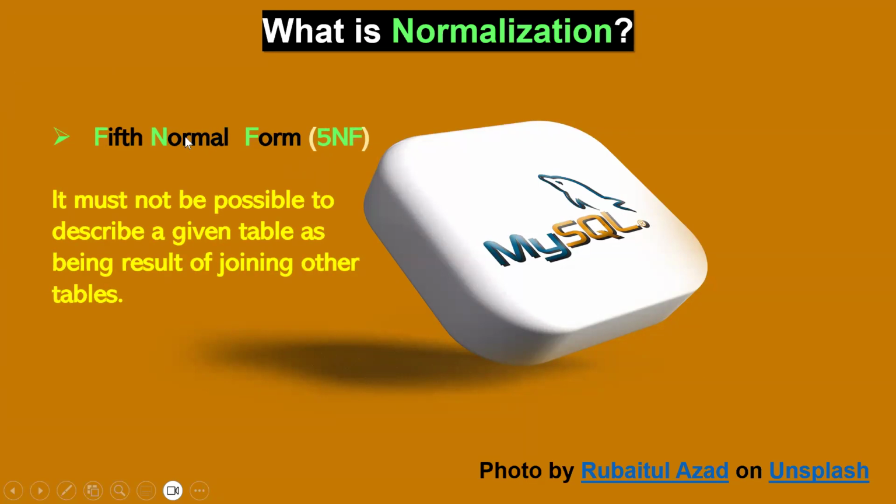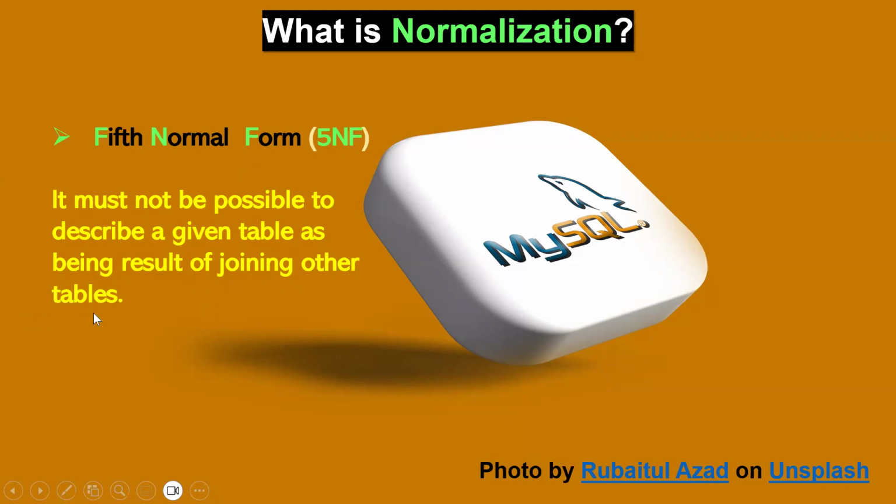And then the last one is the fifth normal form. If by this time you have done first normal form through fourth normal form, in order to make sure that your database or tables are in fifth normal form, and then you say my entire table is normalized, you must make sure that it is not possible to describe a given table as being the result of joining other tables.